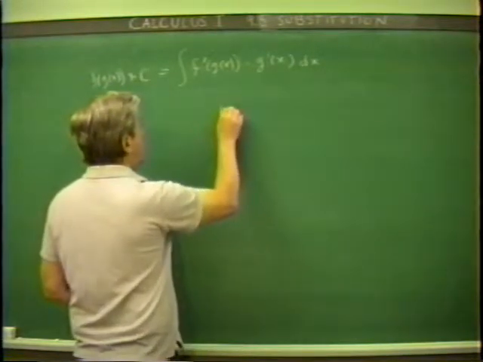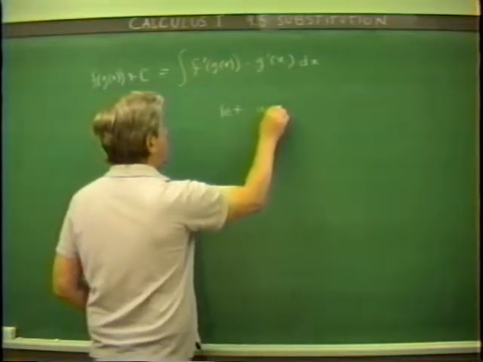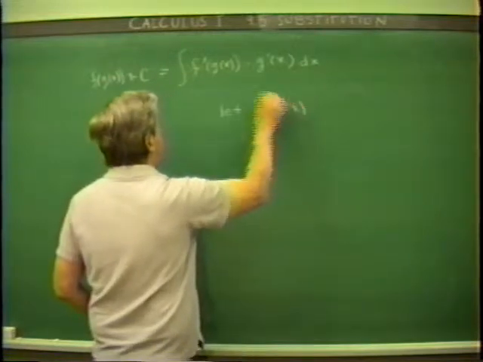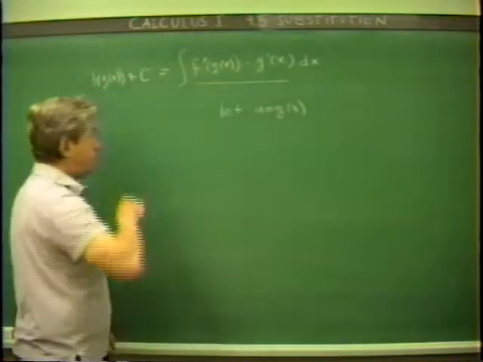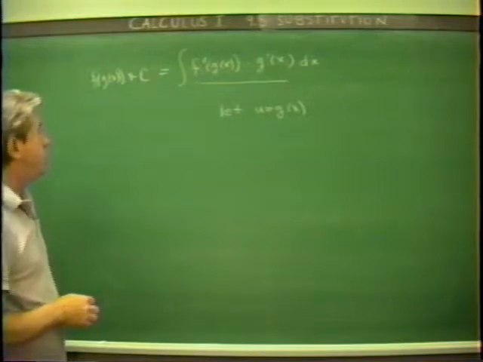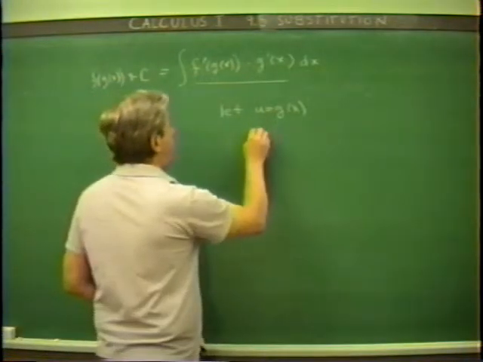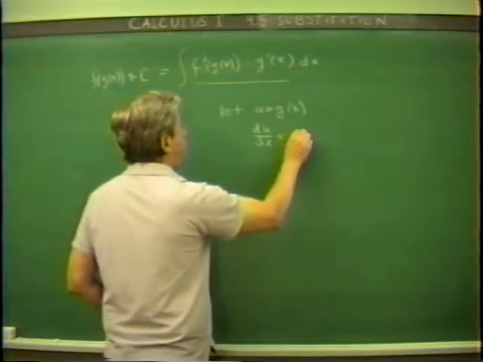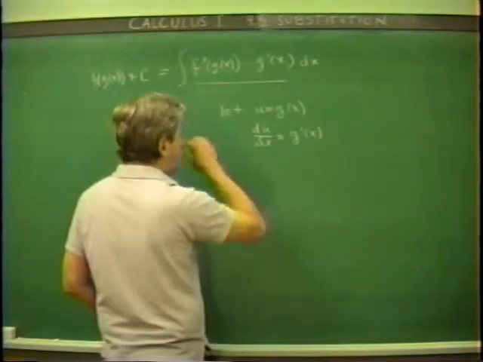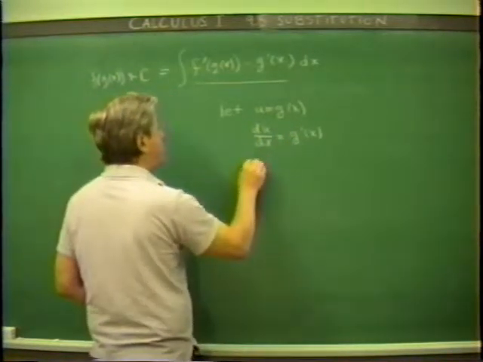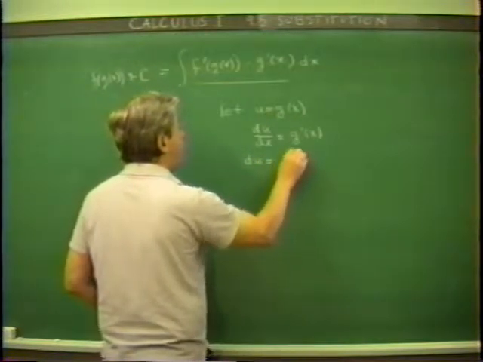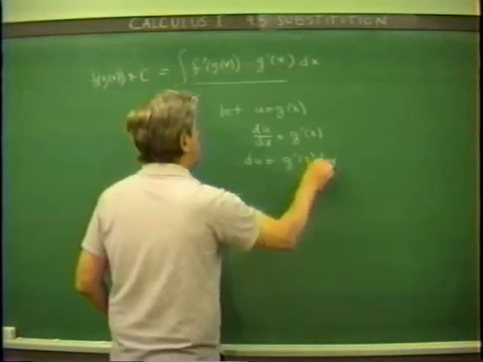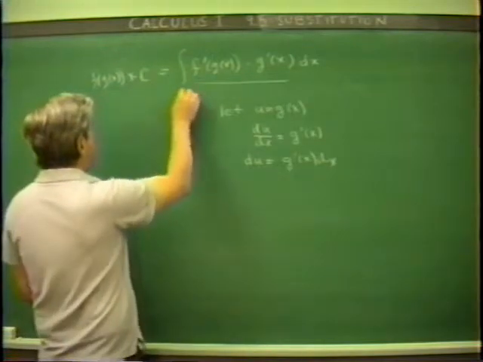Suppose we let u be g of x in the quantity that we wish to integrate or anti-differentiate. And then du dx will be g prime of x, or in differential notation, du is g prime of x dx.